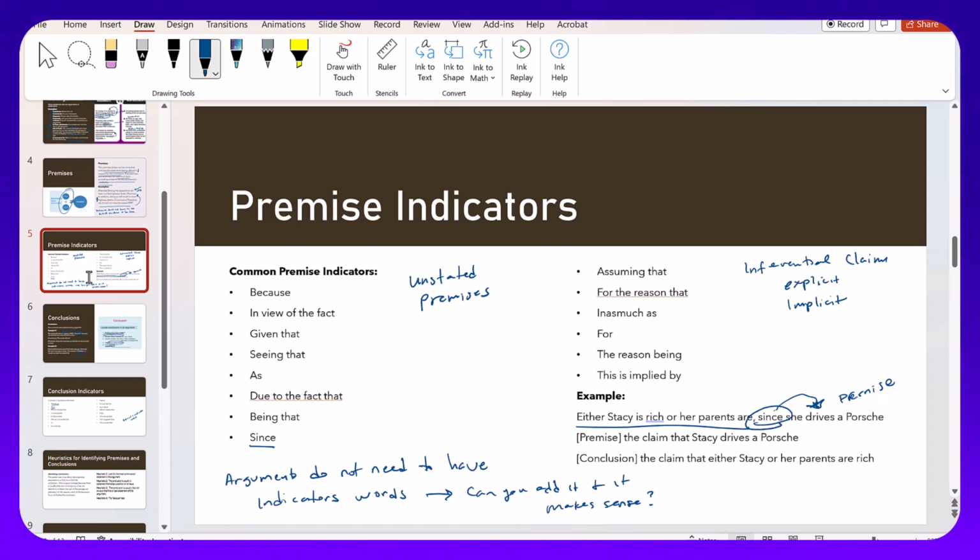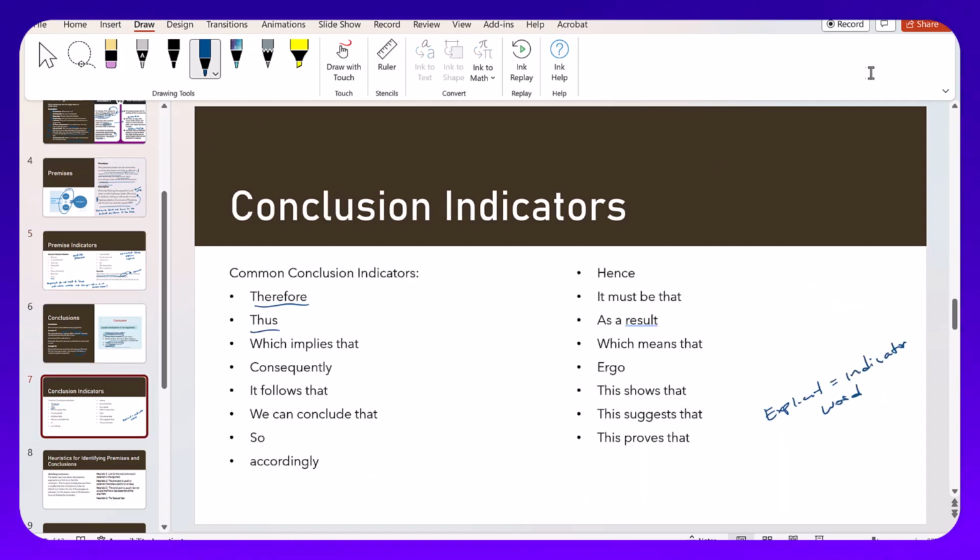But the other aspect is, if we go back to conclusions, there can be unstated conclusions as well. These are less frequent. They still happen, but an unstated premise is way more common than an unstated conclusion in real life, right? So here's an example of an unstated conclusion.